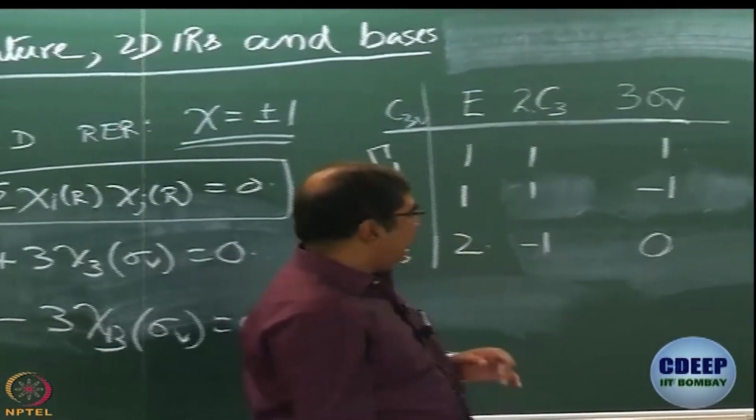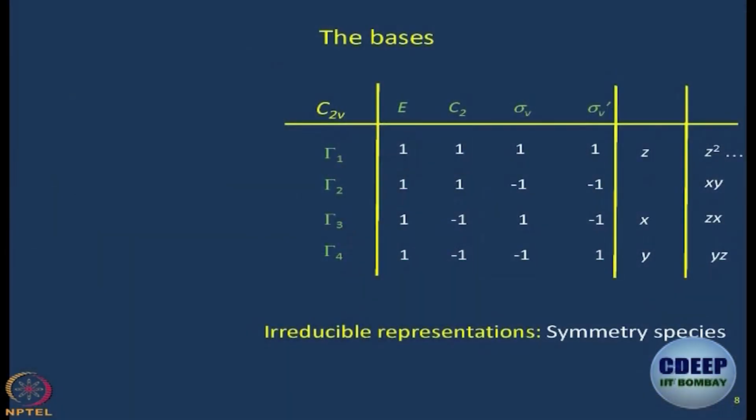Okay. Now, for C2V, if we think of some simple bases x, y and z, or xy, yz, zx, or x square, y square, z square, where will these functions belong? Which symmetry will they have? We will try and fill in the bases now.